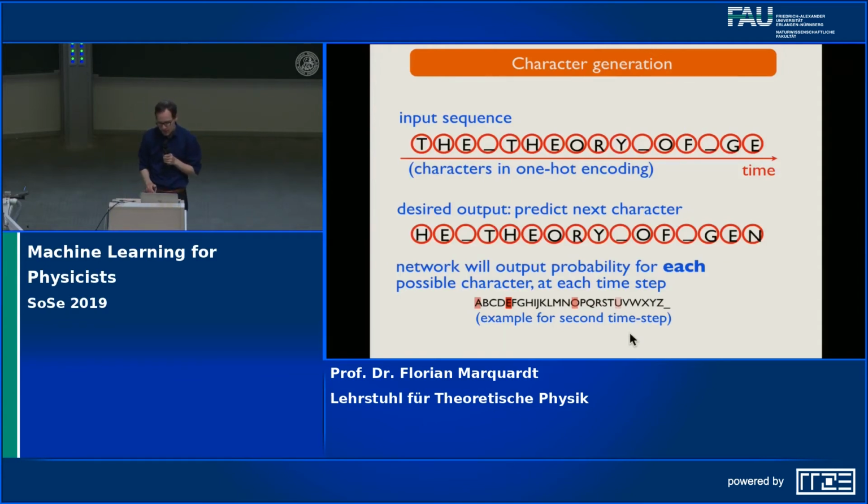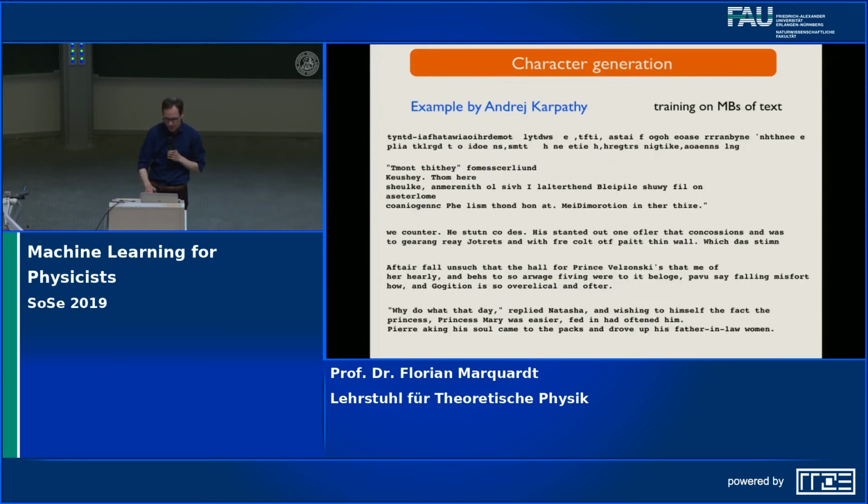And so you can train this on really large amounts of text and ask that the observed probability distribution is matched by the network, which you can do easily by a categorical entropy kind of cost function. And then let's see what happens.